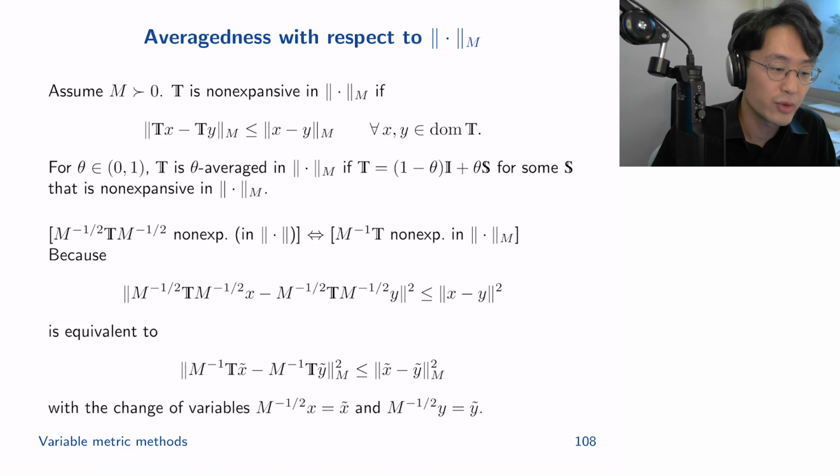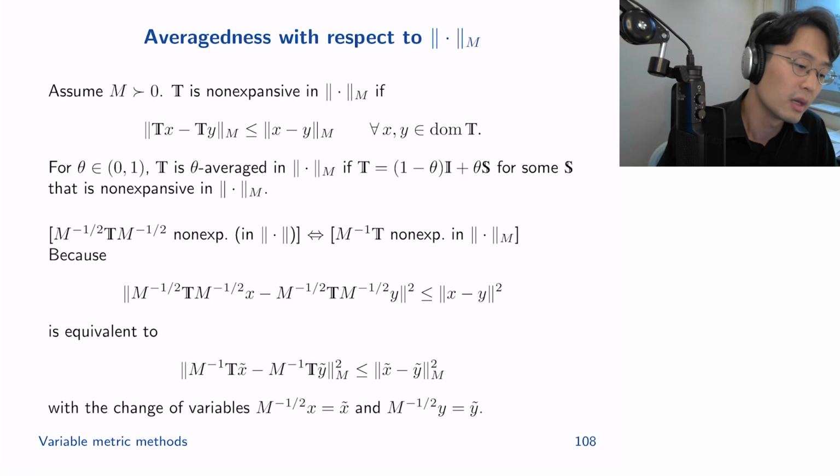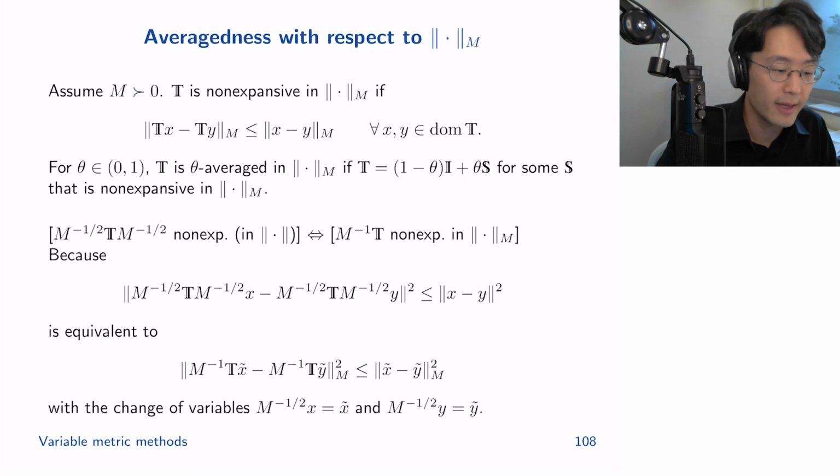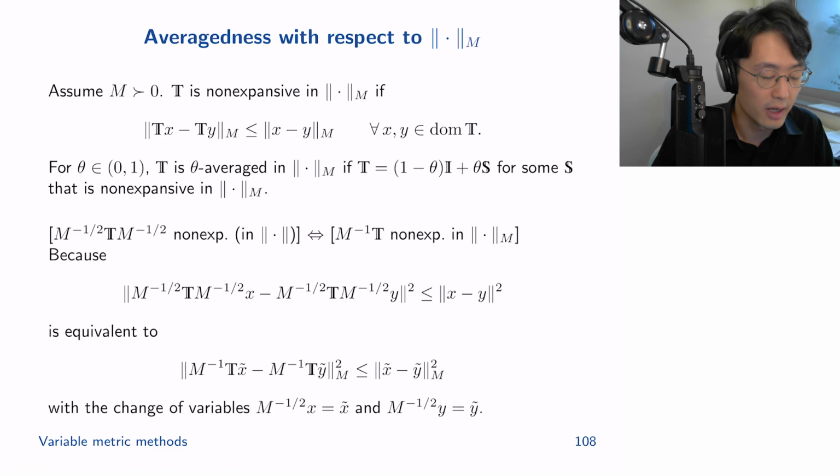Now when we use variable metric PPM or variable metric FBS, it is useful to define a notion of averageness with respect to the M norm and perform analysis using this generalized notion of averageness. So let's assume that the metric matrix M is positive definite. Then an operator T is defined to be non-expansive in the M norm if it satisfies the non-expansive inequality in the M norm.